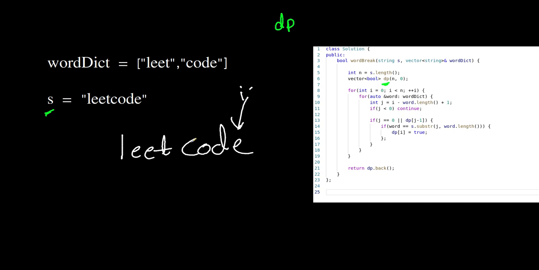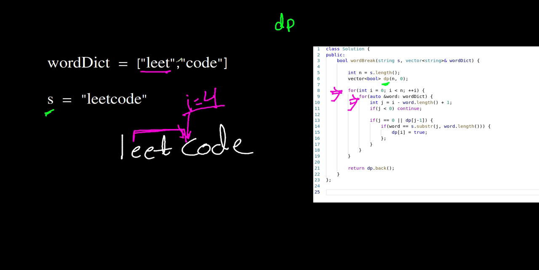Let's take another example. Assume we are solving for i equal 4. Now let's iterate over all the words. So first loop to solve for all the indexes, and now we are at i equal 4. Now we need to check for all words. The first word is leet. Leet is 4 characters, 1, 2, 3, 4 up to here.